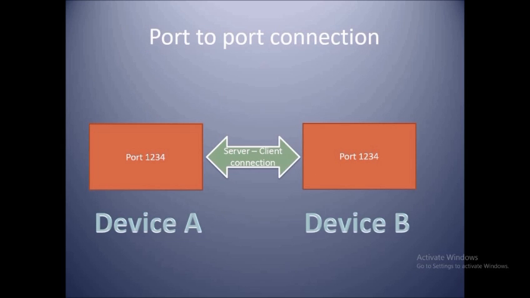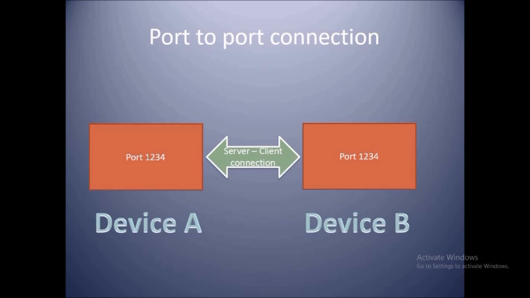The next is port-to-port connection. A socket has a port number, which the device uses to identify that this port number belongs to this device and that port number belongs to that device. Device A creates a dynamic port, which you cannot see, but it is created dynamically and exists with device A. For example, remember port 1234.